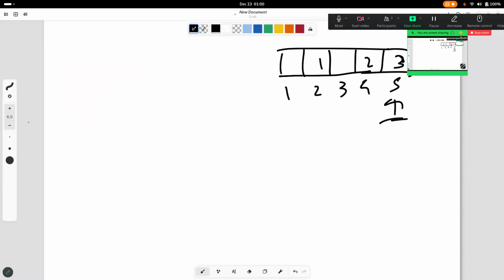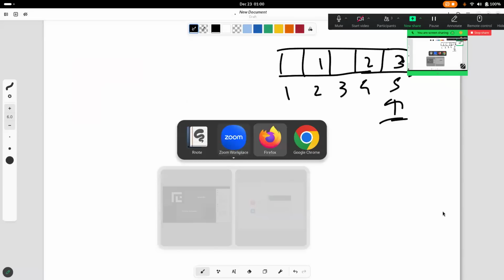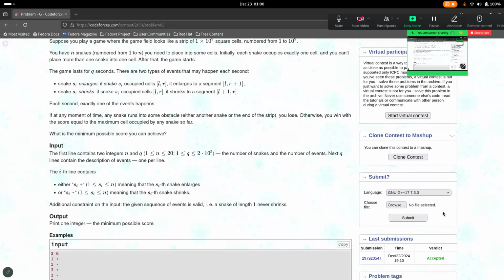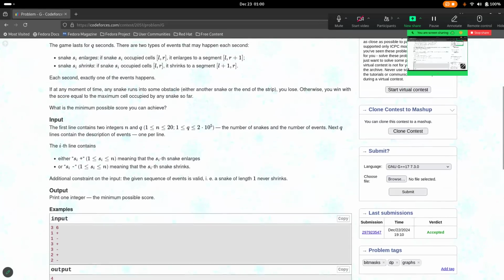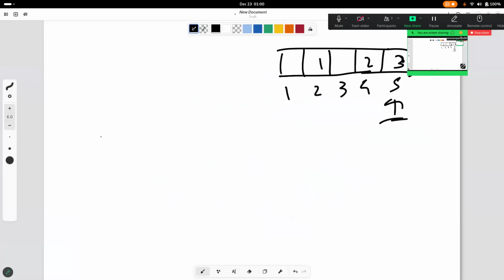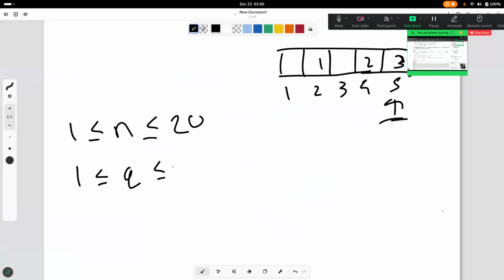And now moving on to the intuition for the problem. Okay, let's just look at the constraints for once. The constraints were actually something a bit curious because N was between 1 to 20, while the number of queries were between 1 to 2 times 10 power 5.